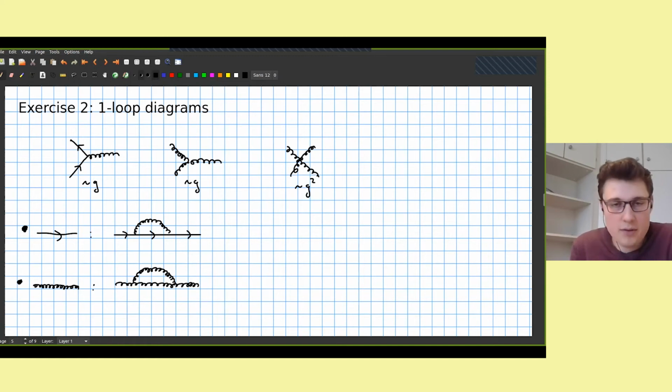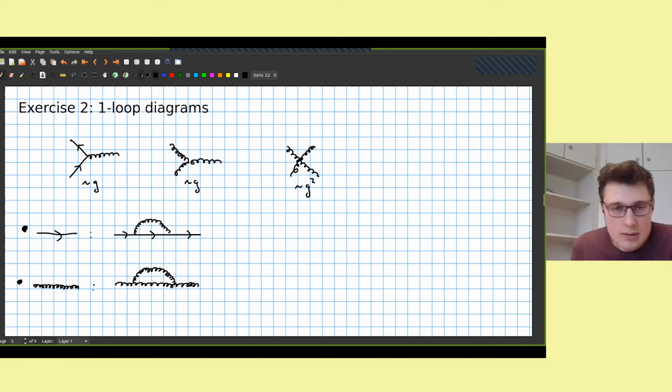That's the important thing. That's of the same order as our original two 3-gluon vertices. So what we could do here is we can contract one of these two gluon lines, either the upper or the lower one.